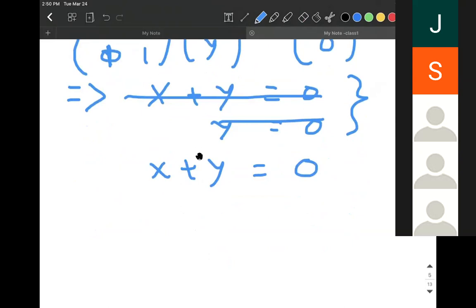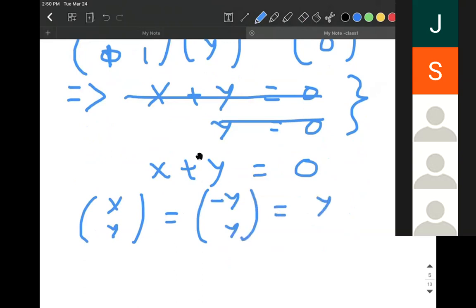So what does it mean? It means that a general solution (x, y) is given by replacing x by minus y, so this is y times (minus 1, 1).